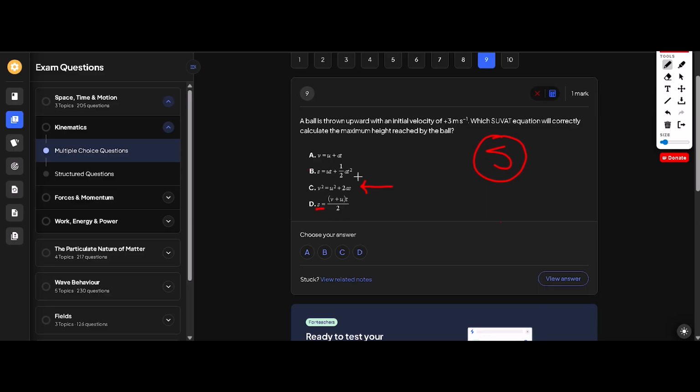So here we have two unknowns. This one is going to be eliminated since there is no S there. I'm searching for the maximum height. And this one will be eliminated since I have two unknowns. And this one will be eliminated since I have two unknowns. I'm going to go directly for C because I have only one unknown, which is S, and I don't have time. Whatever the rest, I have it. The final velocity, the initial velocity, all of them, I have them.